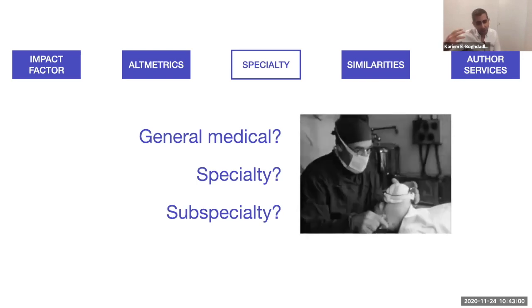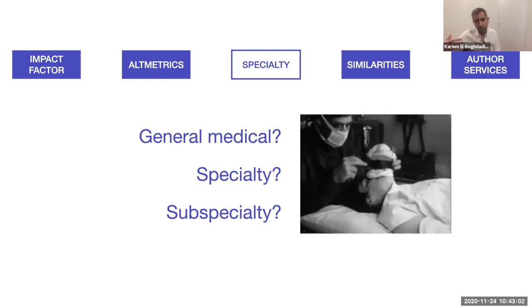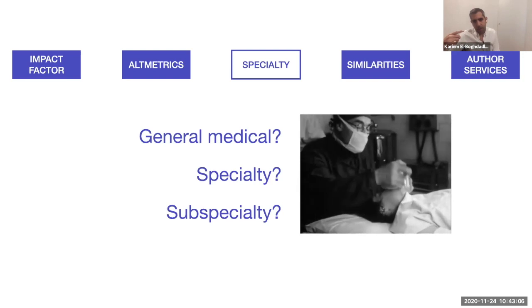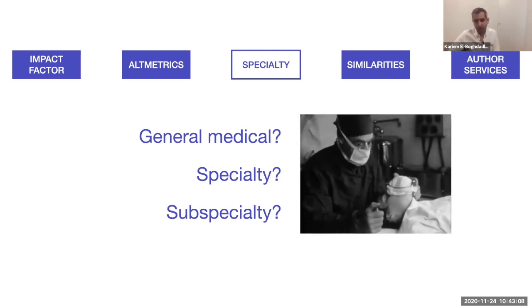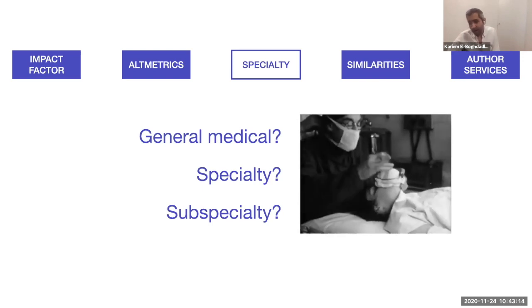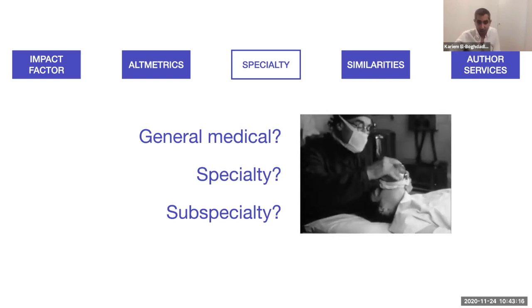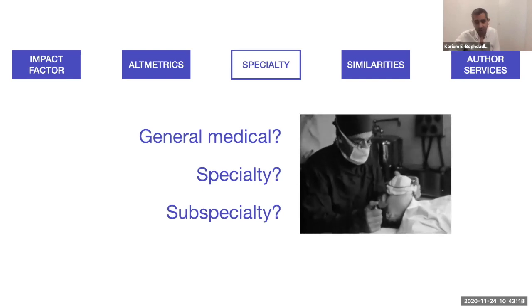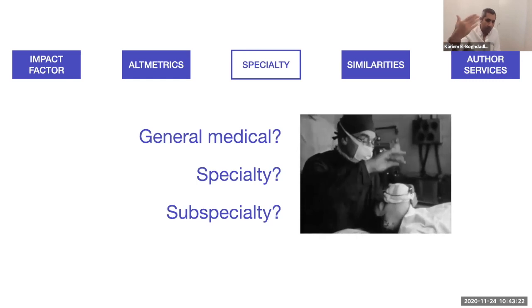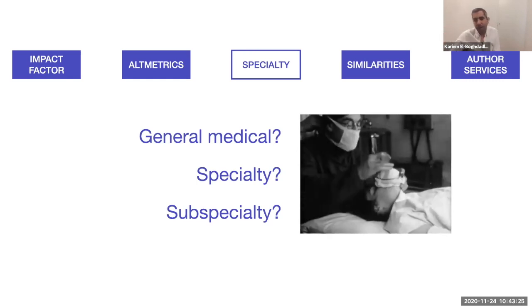The type of work that you do really matters. You need to think about, is the general readership going to care about this work that I'm doing? Are they really going to care about 5 mils versus 8 mils for an interscalene brachial plexus block using 0.375% ropivacaine with or without adrenaline? You've got to think about who might be interested.